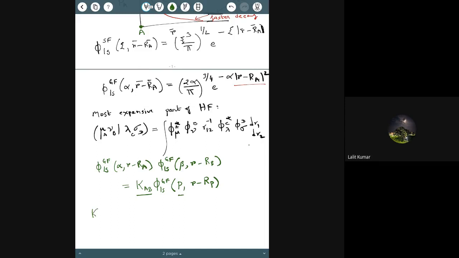K_AB is equal to (2 alpha beta by alpha plus beta) to the power 3/4 into pi to the power 3/4. So this is just a number which can be evaluated, and e to the power minus alpha beta by alpha plus beta into just the internuclear distance squared.